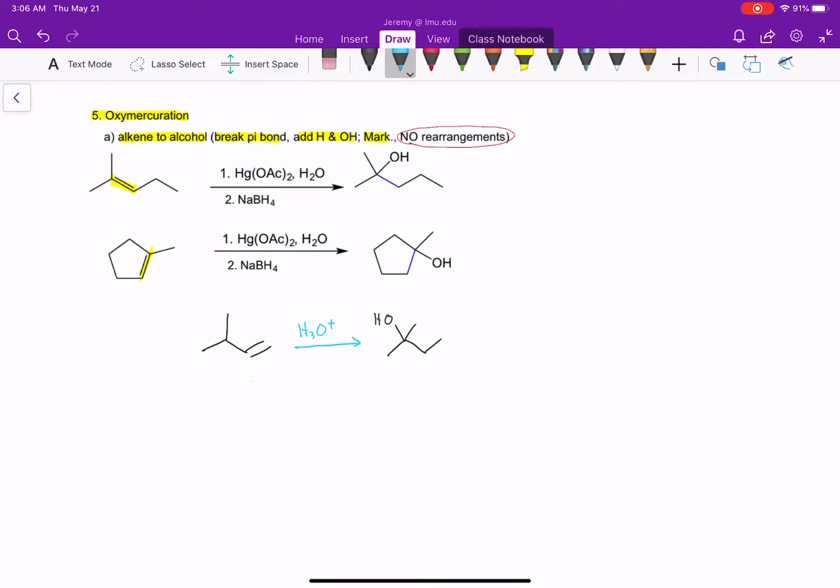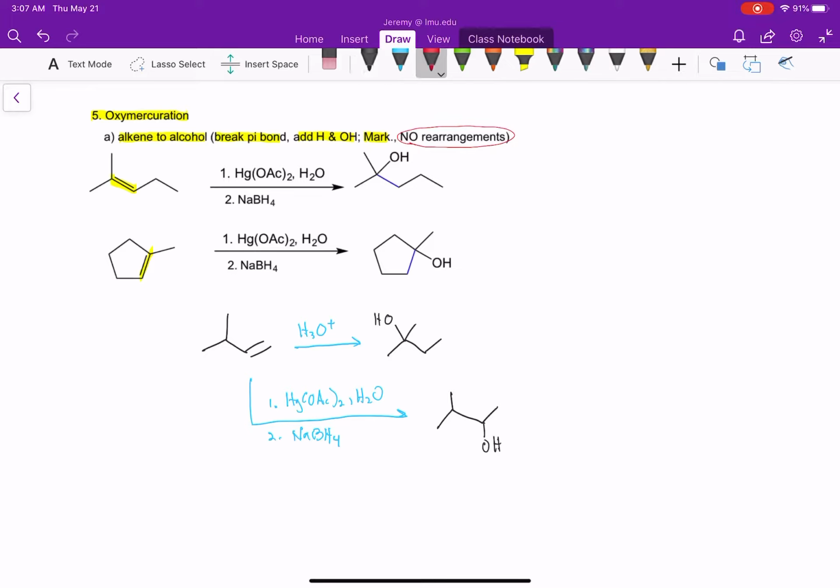But in this reaction, if we take the same starting material, in step 1, we treat it with mercury acetate, HgOAc2 in water, followed by step 2, NaBH4. Now we're not going to have the rearrangement take place, so we will form the alcohol at the original sp2 hybridized carbon that is more substituted.